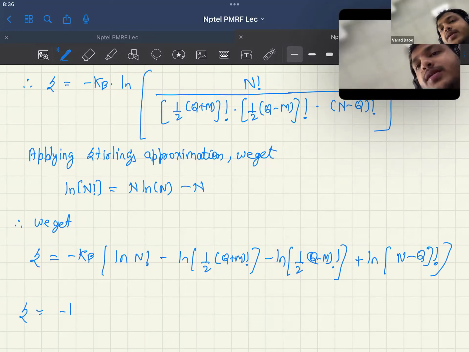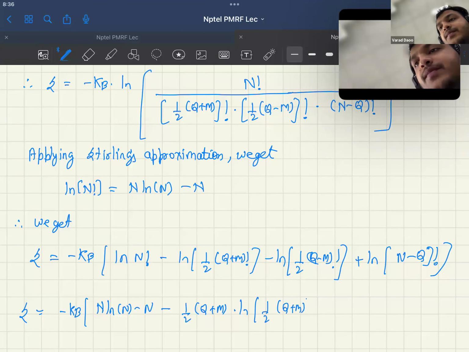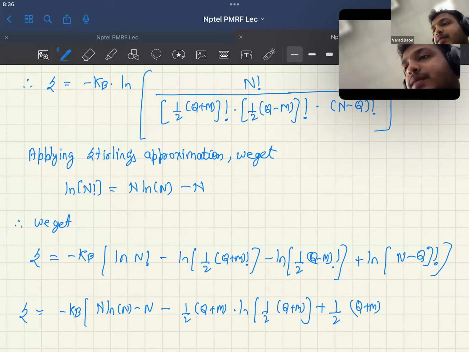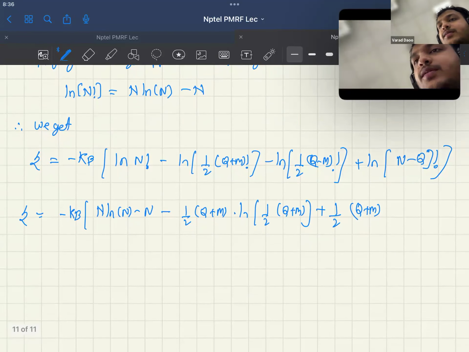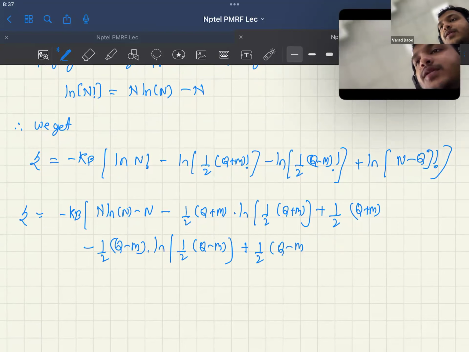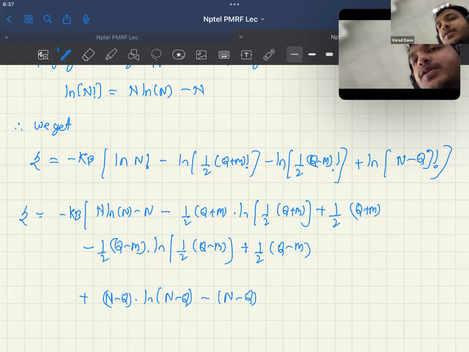And S is going to be minus kB into N ln N minus N minus half of Q plus M into ln of half of Q plus M plus half of Q plus M, minus half of Q minus M into ln of half of Q minus M plus half of Q minus M, plus N minus Q into ln of N minus Q minus N minus Q.